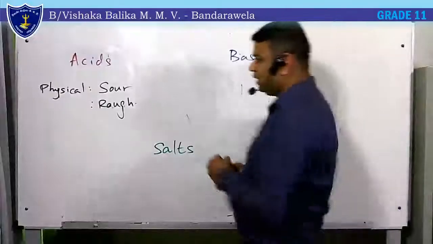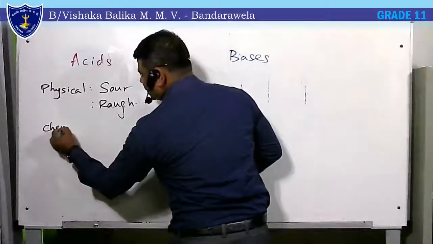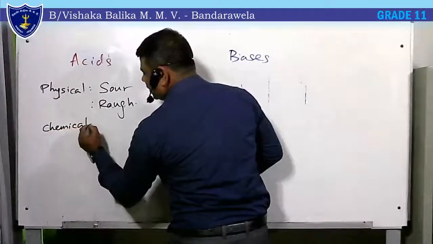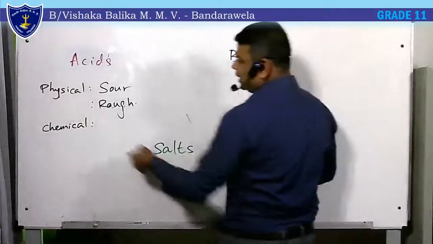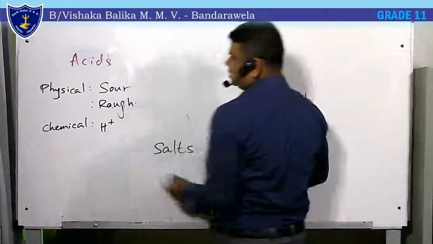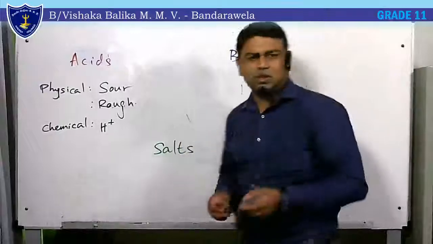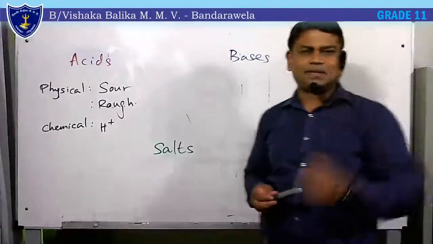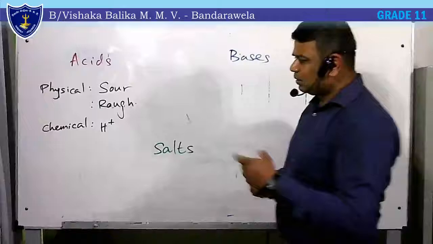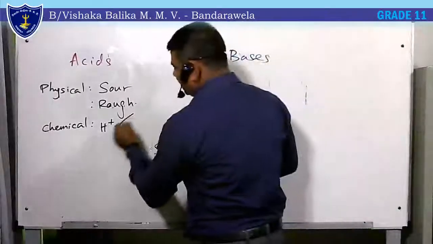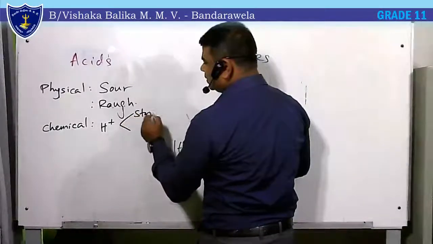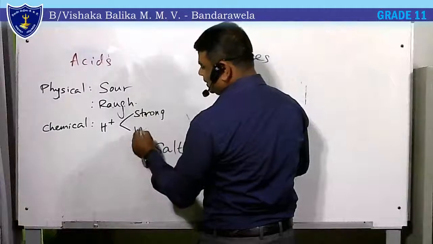Then chemical features of acids. Acids can release hydrogen ions, H plus, into aqueous solutions. According to this, we can classify them as strong acids and weak acids.